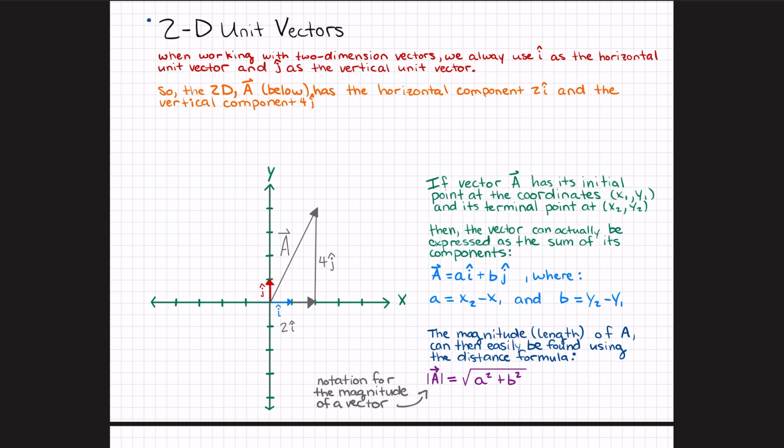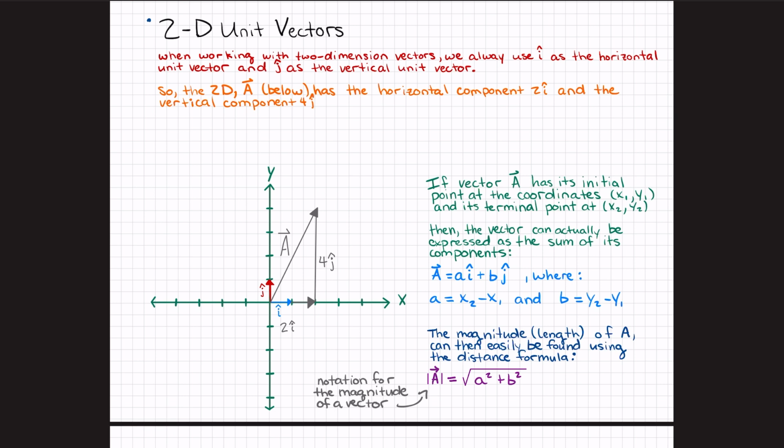And that said, you can get used to, and other mathematicians will understand, if you express vector A in terms of its components. In other words, any vector, or specifically any two-dimensional vector, can be written in the form AI hat plus BJ hat, where A is the magnitude of the horizontal component and B is the magnitude of the vertical component.